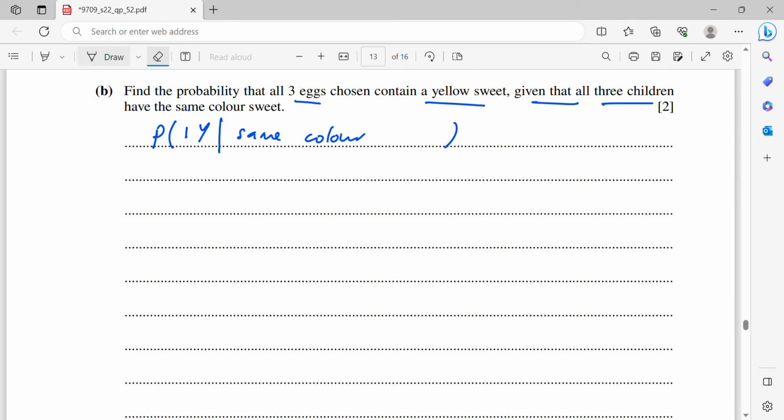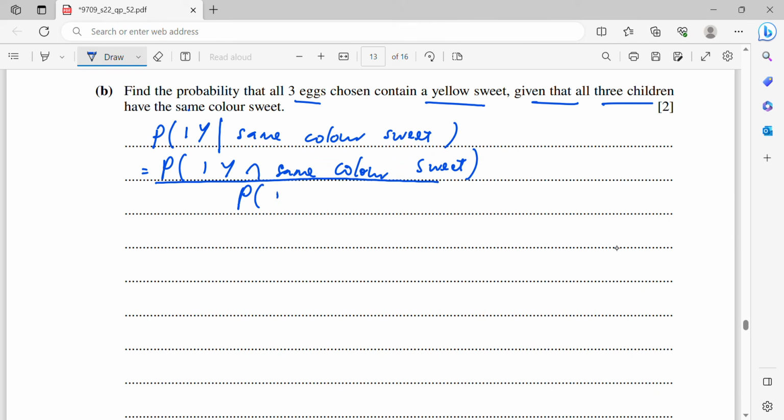Okay, since this is the conditional probability, then according to the formula, it will be the intersection over the probability of same color sweet.